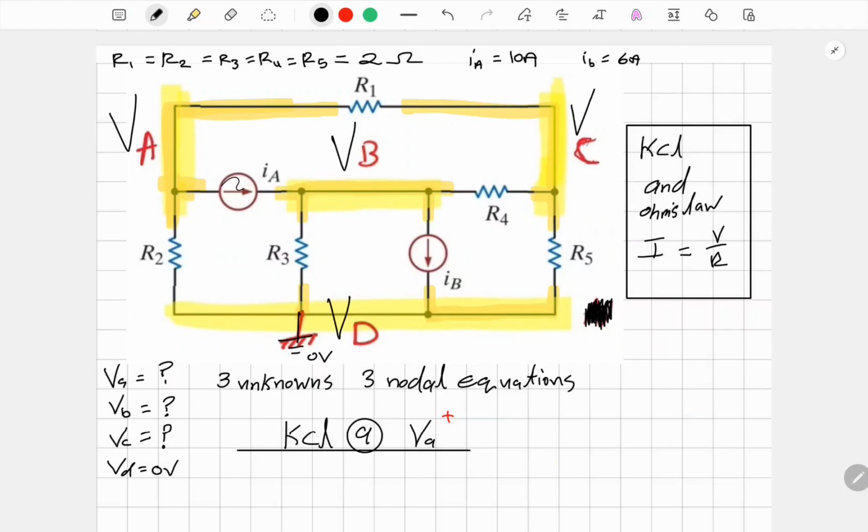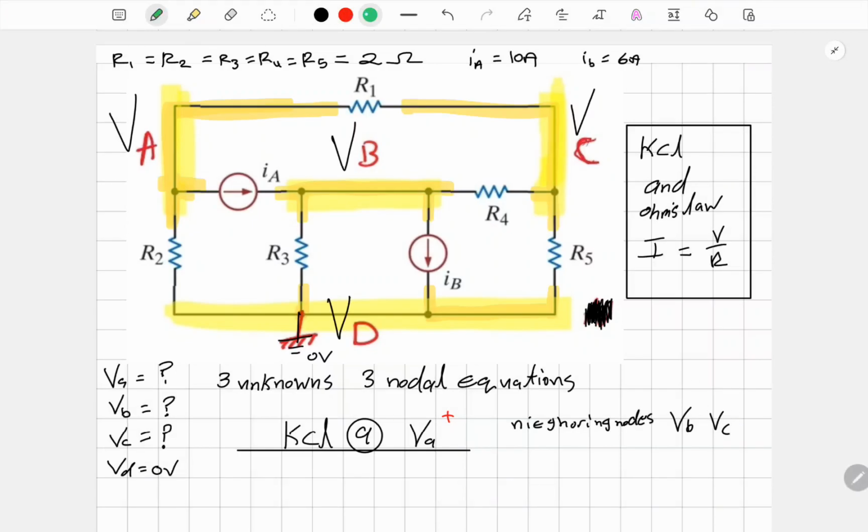So my neighboring nodes that are connected to VA are VB, VC, and I'm just going to write over here neighboring nodes. You don't have to, but VB and VC are going to be negative.